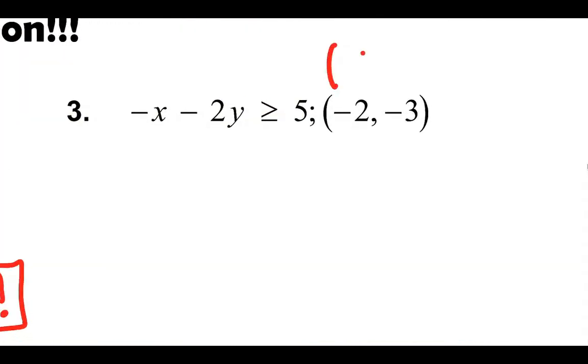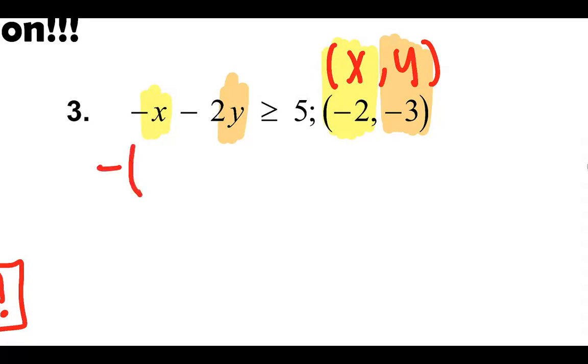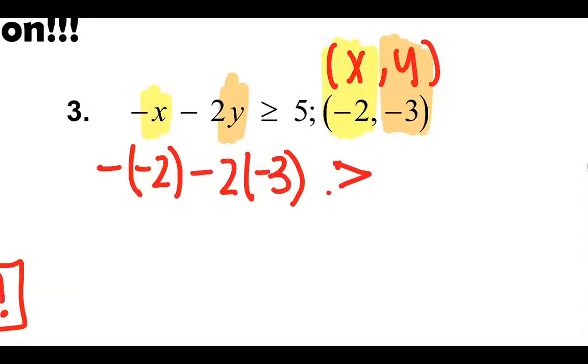Number 3, again x and y coordinates here. I'm plugging in a negative 2 everywhere I see an x, and a negative 3 everywhere I see a y. So I've got negative times negative 2 minus 2 times negative 3 is greater than or equal to 5.